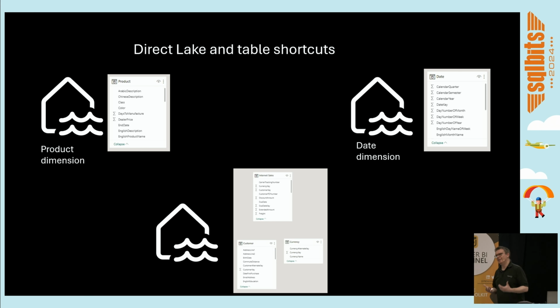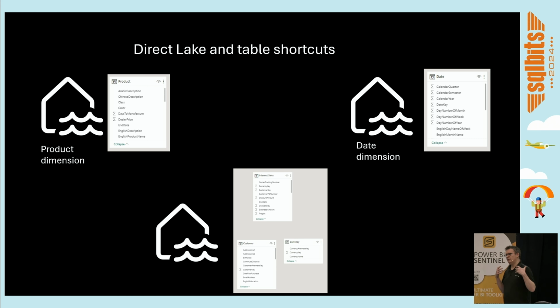There's another thing, which I think is really amazing, with one lake. Shortcuts. So, one lake stores your data in Delta format. You can have lots and lots of lakehouses spread around your tenant, where different people load different tables of data in. Shortcuts allow you to share those tables between different workspaces and different lakehouses.